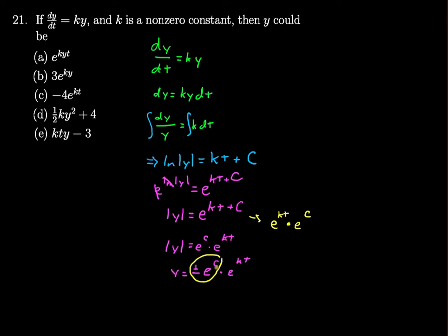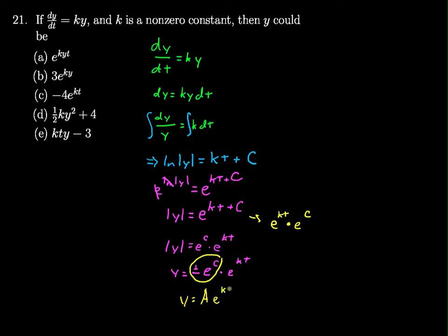And e to some arbitrary constant will be a number. And if I have to choose a plus or a minus, I can say, okay, this will be some positive or negative number, and we'll just call that a. You could choose any number you want. You could call it y naught, the initial y value, but I'll just call it a for now. And so we know y equals a e to the kt.